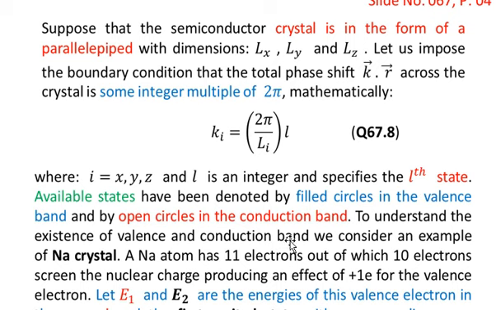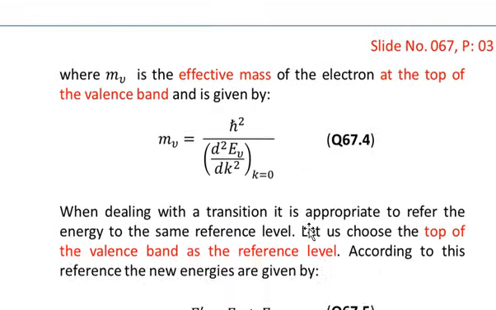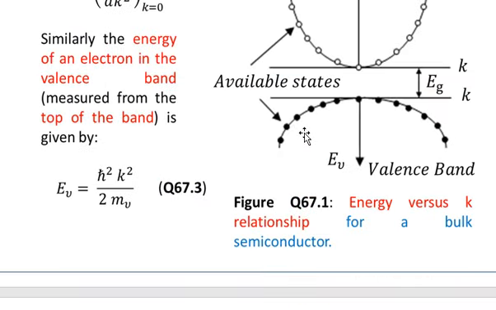Available states have been denoted by the filled circles in the valence band and by the open circles in the conduction band. So you see that these are the available states, filled circles and open circles. We have just used these as filled and empty circles, but these are more or less the same things.